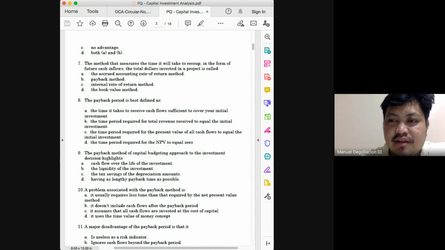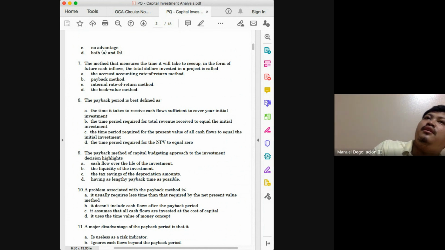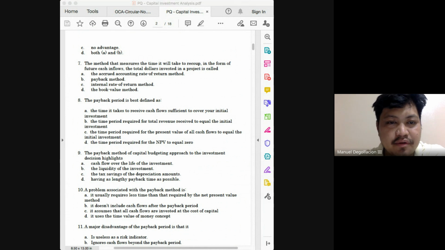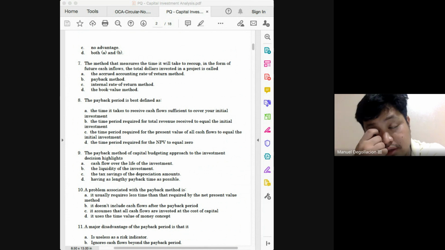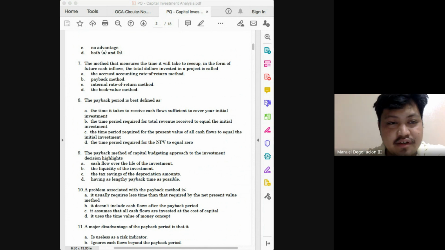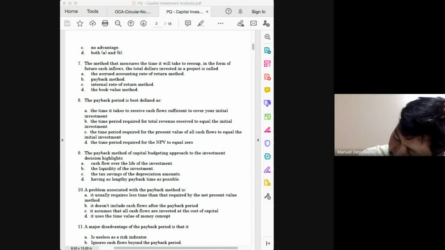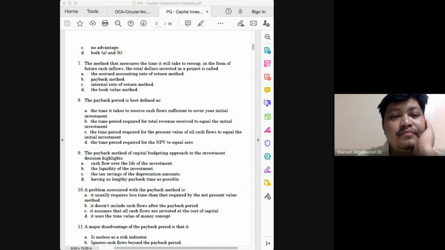And normally, the discounted payback period would be longer than the regular payback period, because again, you'll be using discounted cash flows under the discounted payback method. But I don't think there will be a lot of questions involving discounted payback method. The questions here would revolve around the regular payback method.